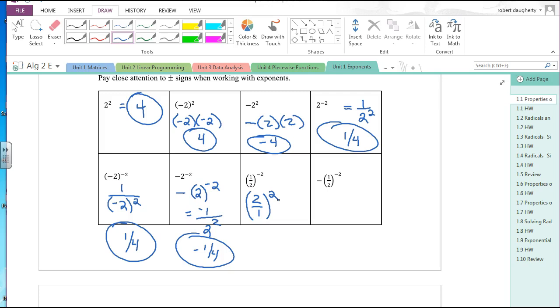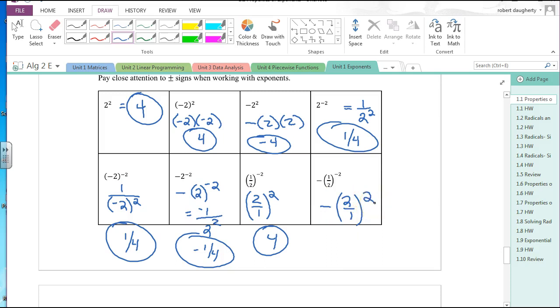What about the next one? Next one's going to be what kind of number? Positive or negative? The next one's going to be a negative. It's a negative of, pardon me? Yeah, this is 4. So in this case, this is the negative of 2 over 1 squared, right?